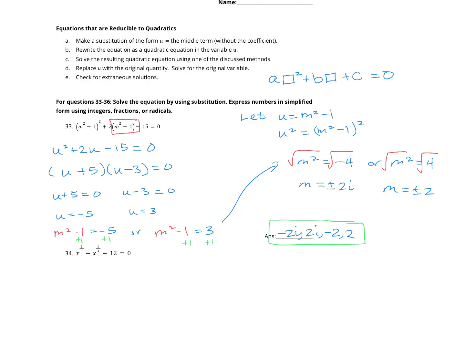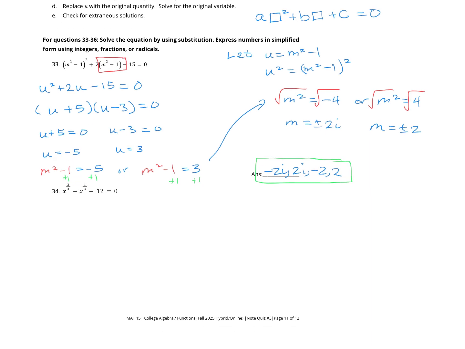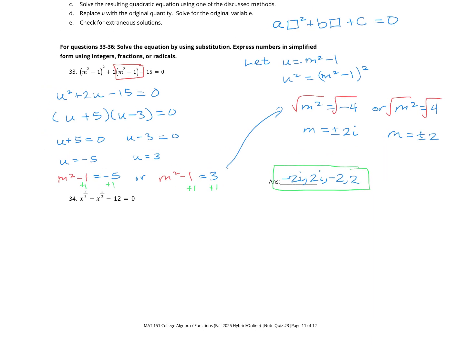Now let's move on to the next equation. Again, the same idea as before. You want to see something in the middle that's being squared to create the first. And so that middle part, it's kind of hard to see here with this font, but it is x to the 1/3. So I'm going to let u equal x to the 1/3 power.